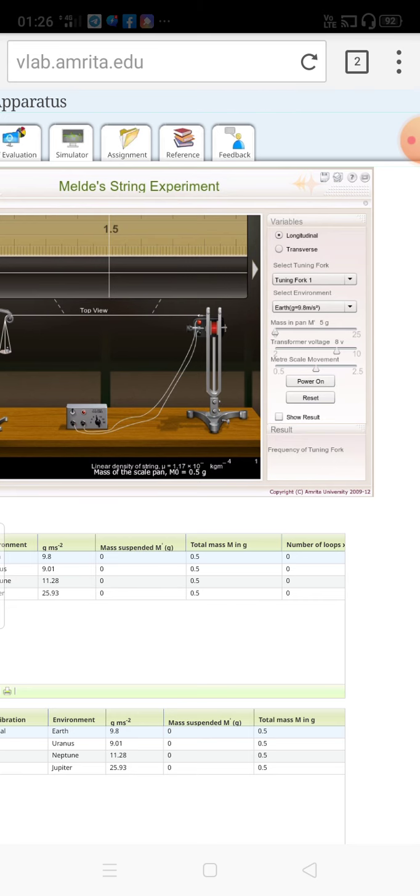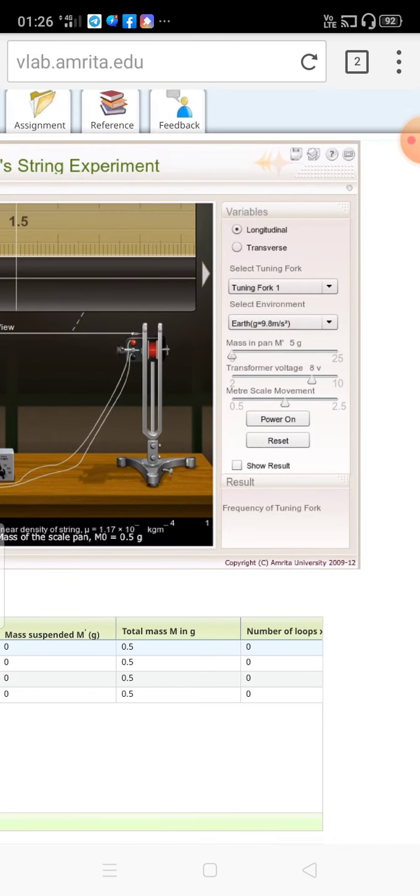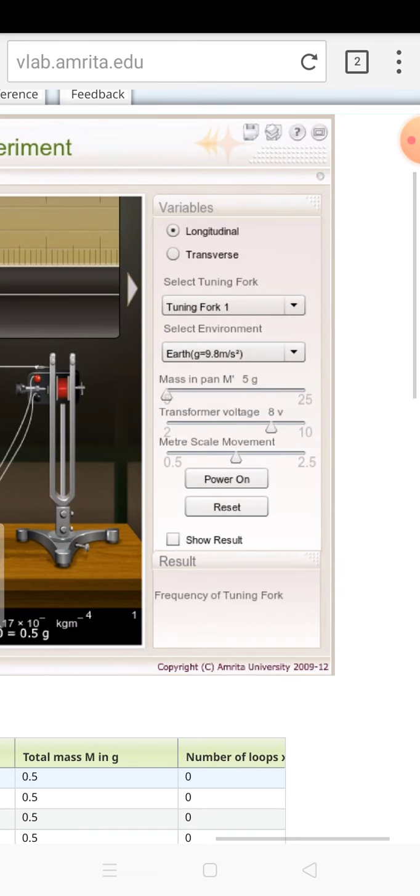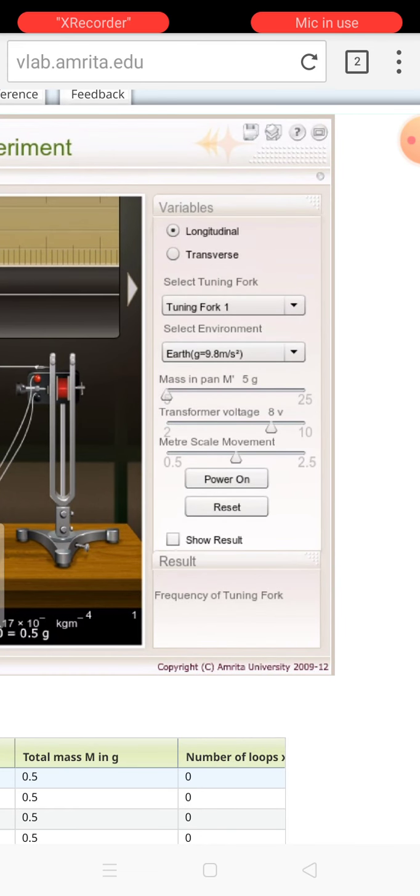Here you look on the right side of your setup. It is showing longitudinal, then below it transverse, then it is written tuning fork 1, then it is showing earth gravitational acceleration 9.8 meter per second square, and you see there are three sliders.